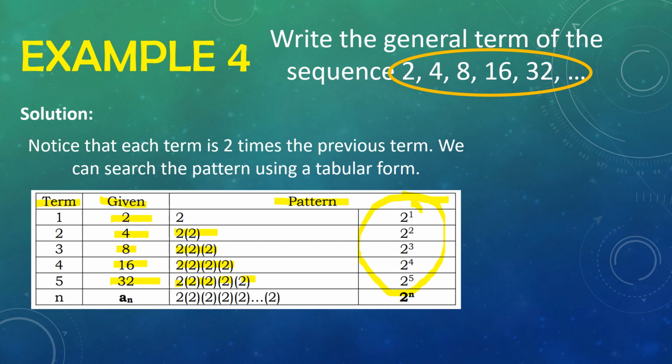As you can see, the exponent is the same as the number of terms. Here, there are 2, so the term is 2. Or you can say that if it is the fifth term, 2 should be raised to 5 to get the fifth term.